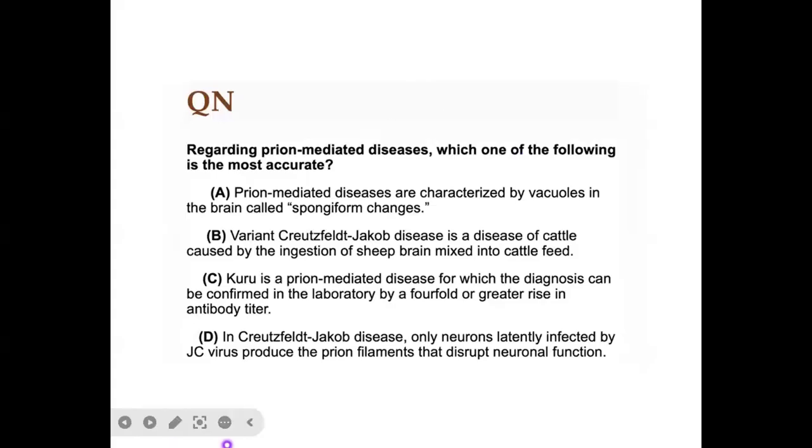So let's start from down while we eliminate, okay? In CJD, only neurons latently infected by JC virus produce the prion filament that disrupt neuronal function. So is there anywhere we have mentioned the JC virus?